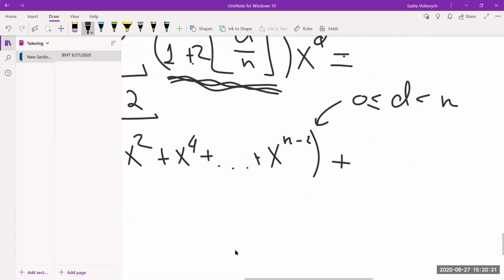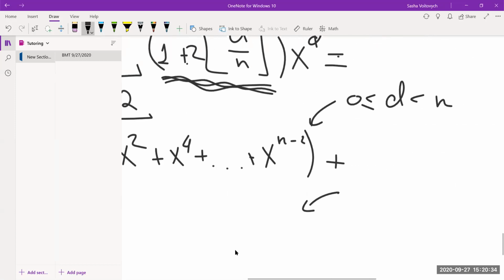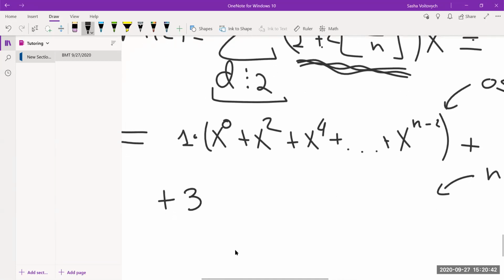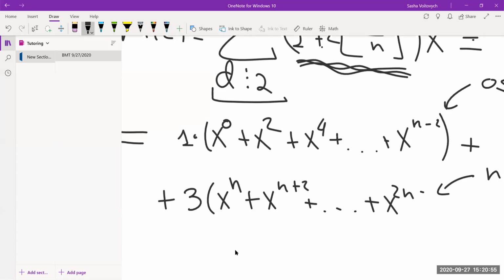So now this will be the case n less or equal to d less than 2n. So the coefficient becomes 3. So this is 3 x to the power n plus x to the power n plus 2, and so on to n minus 2.